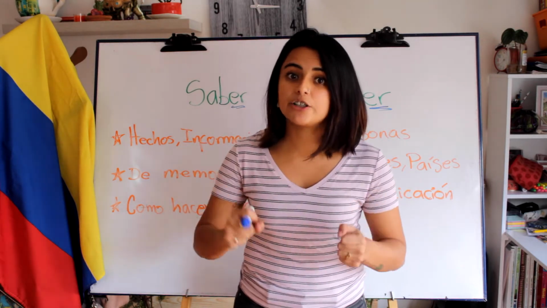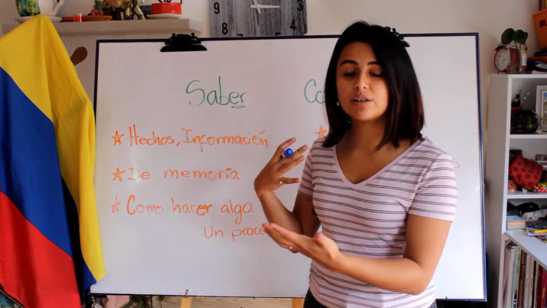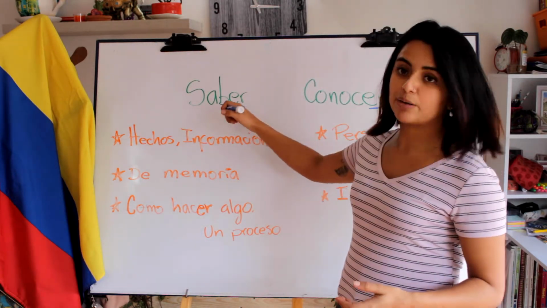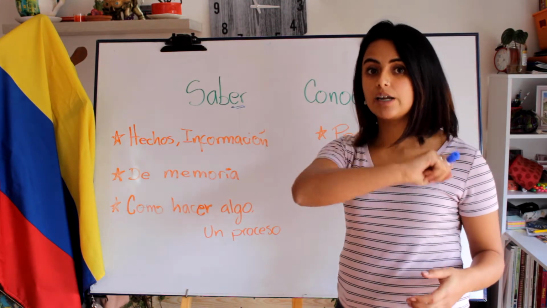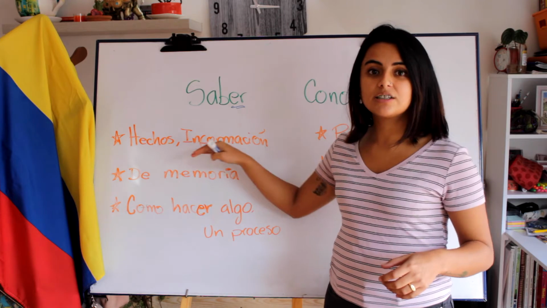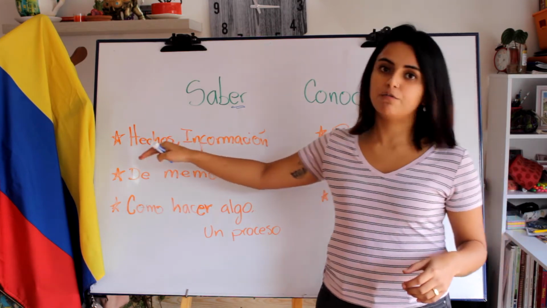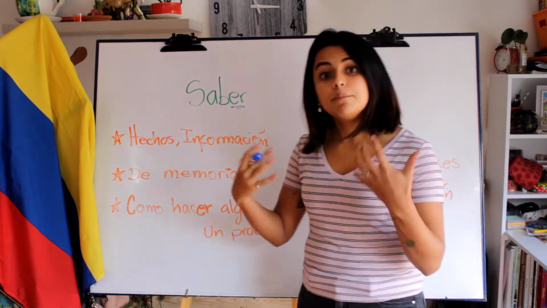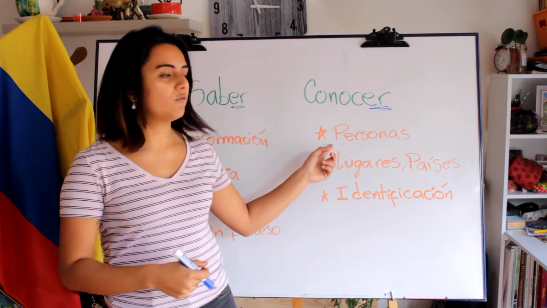And well, to start with the difference between these two verbs, el verbo saber has three different characteristics: for, hechos, e información, facts and information. But el verbo conocer is for personas.